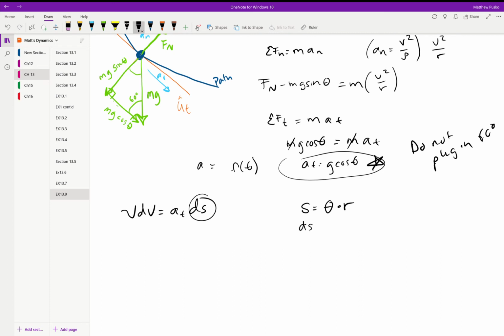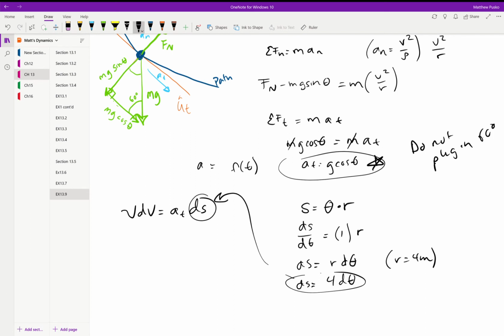If we take a derivative with respect to theta, I get ds d theta, the derivative of theta just gives us a 1 and r is a constant. And then we can rearrange this to say ds is equal to r d theta. Now we're given r is 4 meters in the problem. We can go ahead and put that in here. Now this becomes our new ds.